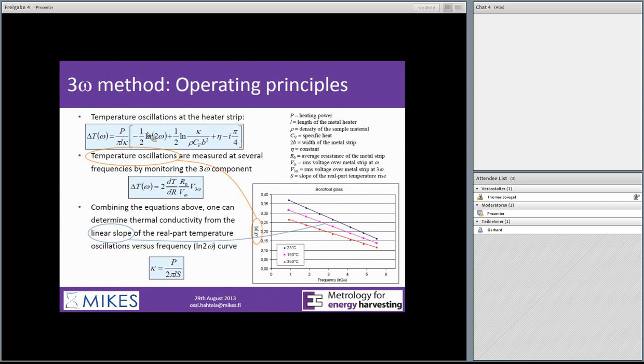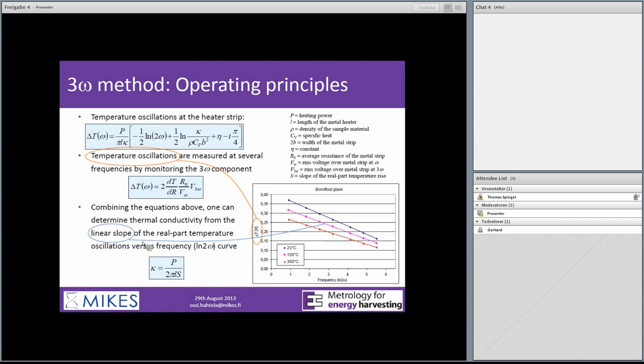So the analytical model for the temperature oscillations at the heater strip is given by this equation here. It has both real and imaginary parts, but what is important in this method is the real part that depends on the natural logarithm of the applied frequency.